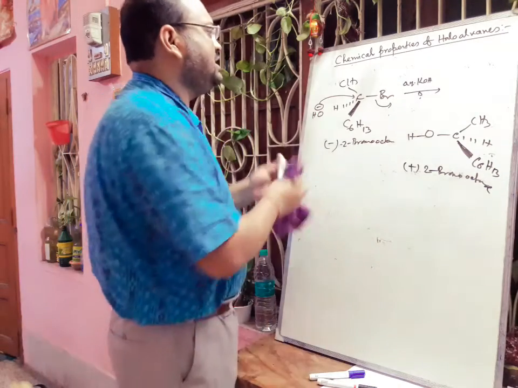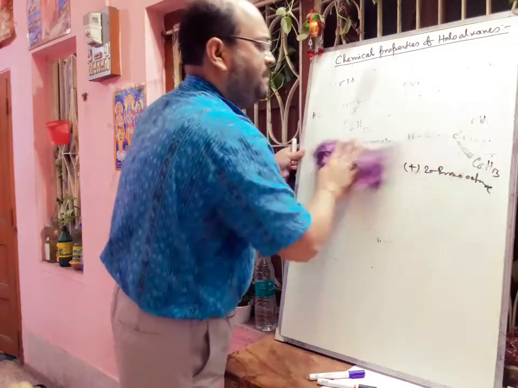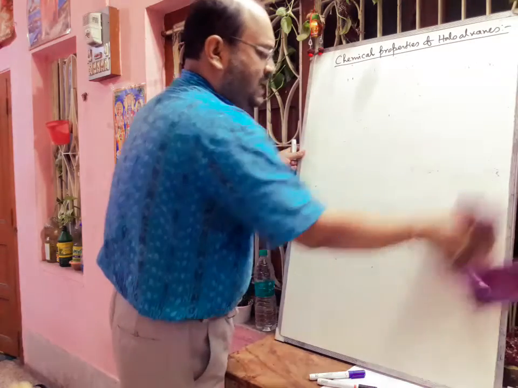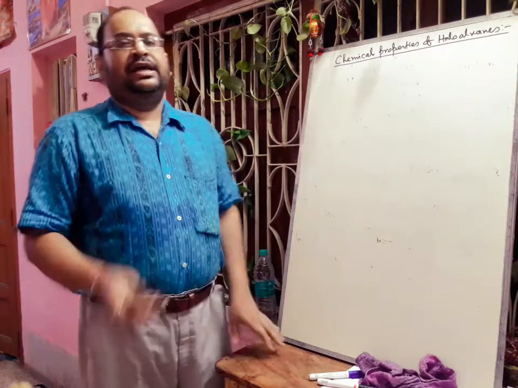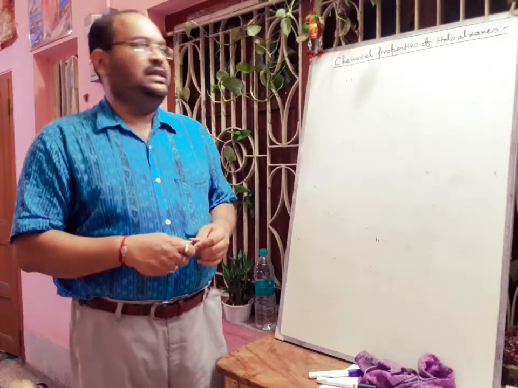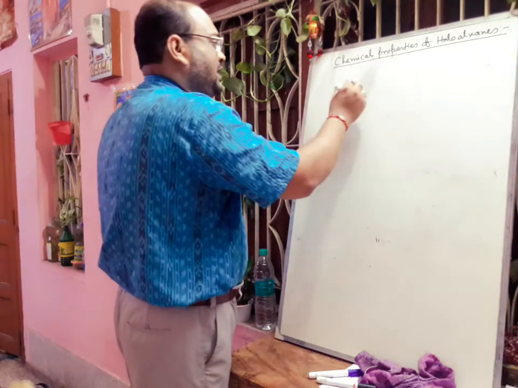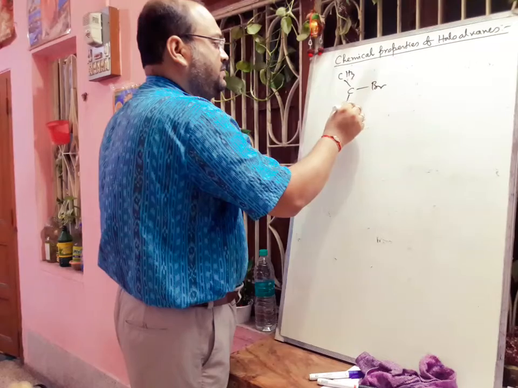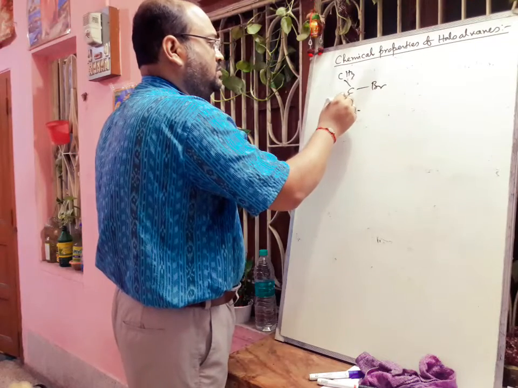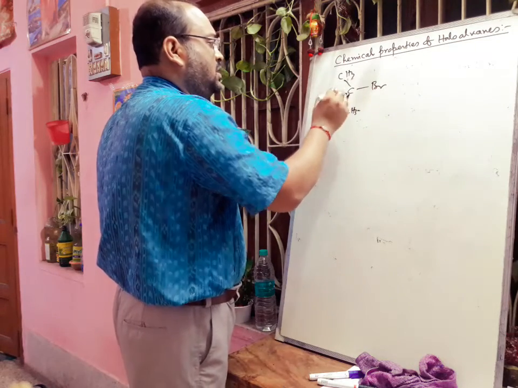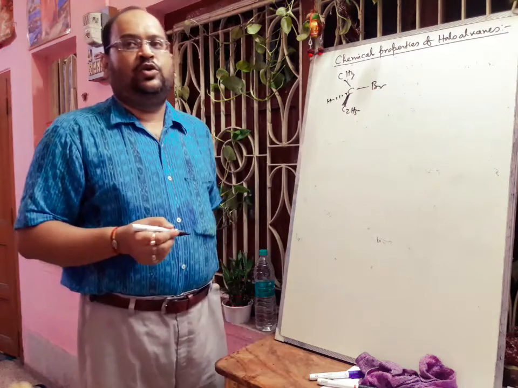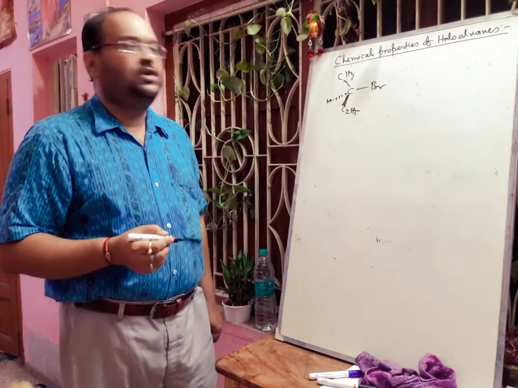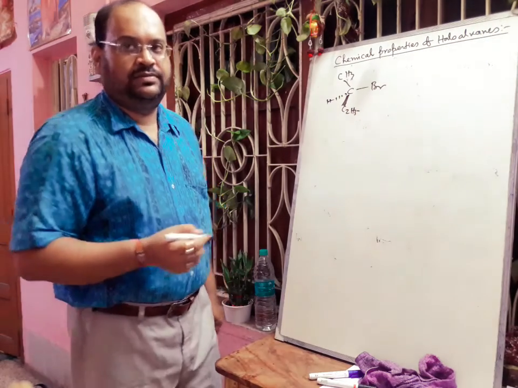Next, we will discuss the example of SN1 reaction. If during SN1 reaction the molecule is optically active, we are taking this example CH3 C2H5, the molecule is 2-bromobutane.